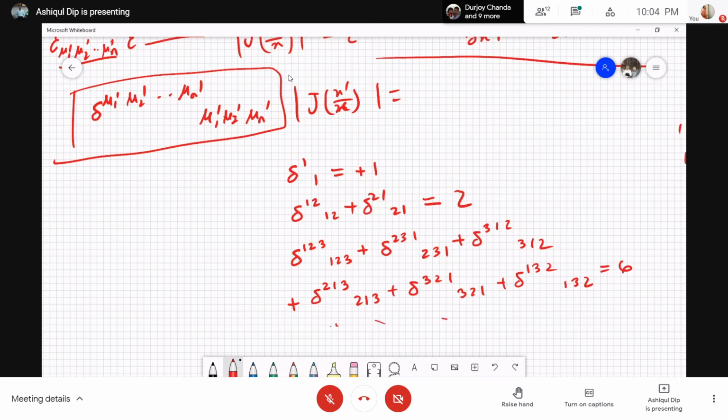If you construct more and more, you'll see this is basically n factorial. So if you sum over n indices, mu1 prime, mu2 prime, up to mu n prime, then mu1 prime, mu2 prime, up to mu n prime, it gives you n factorial.